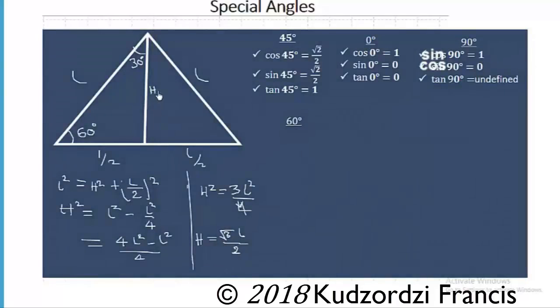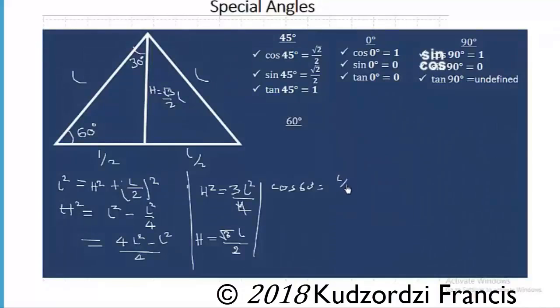So this side is equal to root 3 over 2 L. So cos 60 degrees will be equal to adjacent, which is L over 2, over the hypotenuse, which is L. So this will simplify to 1 over 2.